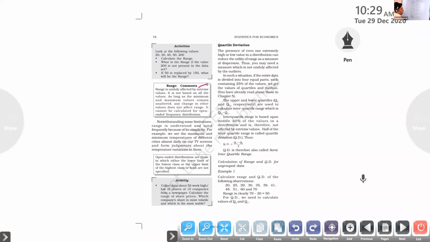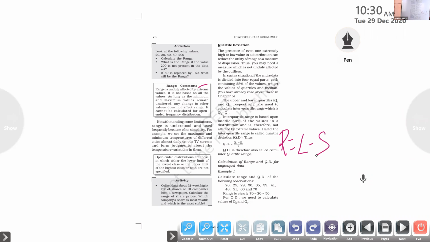So the values between the smallest number and the highest number, whether altered or unaltered, will not create any problem for the answer. That's why here, 50 replaced with 150 also, the answer is not changing. The same answer because R is L minus S.